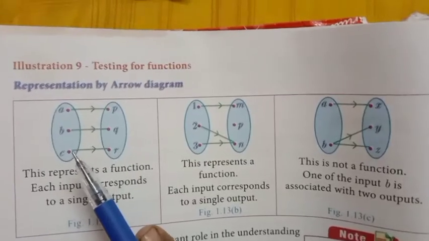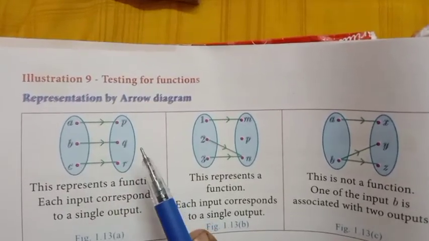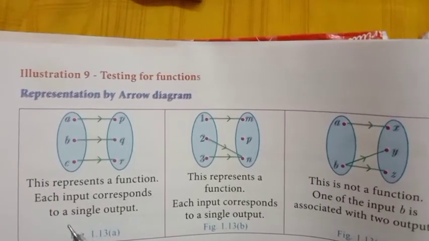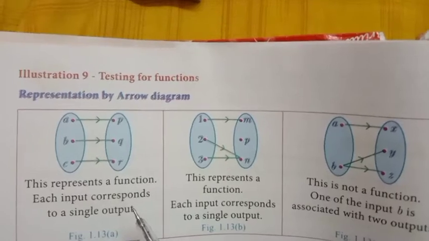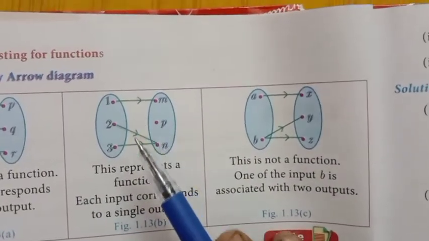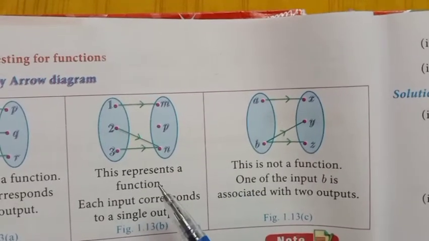We say this is the domain, this is the codomain. Otherwise, it is input, it is output. This represents a function, each input corresponds to a single output. Okay. Next, for this one, 1, 2, 3, M, P, N. This represents a function.